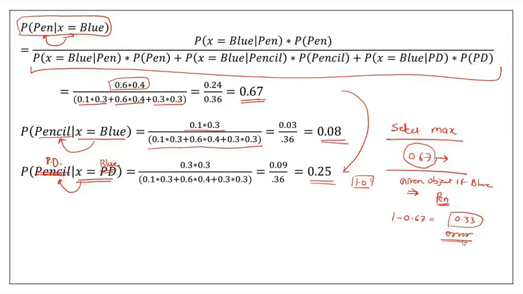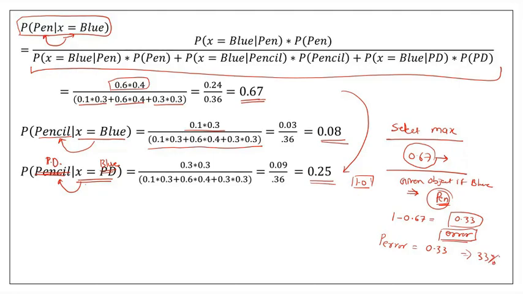So there is a 0.67 chance, or 67% chance, that the given object is a pen. So my computer is going with the decision that it is a pen, but there is still a chance that this will be a wrong decision, and the chance of a wrong decision, that is the probability of error, is 0.33 or 33%.